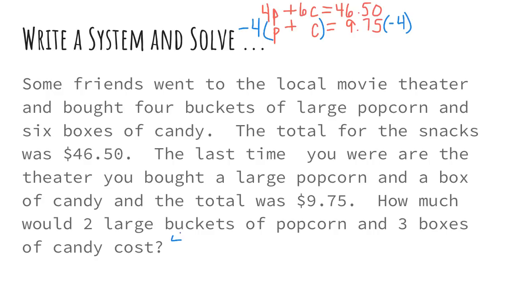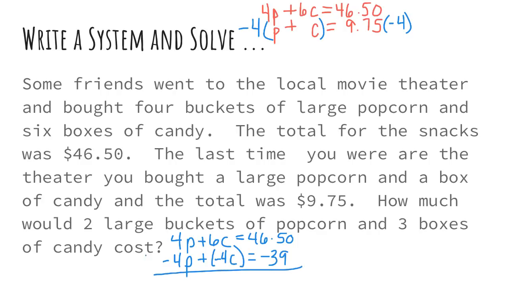All right, I'm going to work at the bottom. So I had my first equation that I did not change. And my second one, I multiplied everything by -4. And if you look, it's because then my popcorns are going to cancel. And this would be -39. All right, so when I add them together, popcorns are eliminated. I have 2 candies. That would be $7.50.